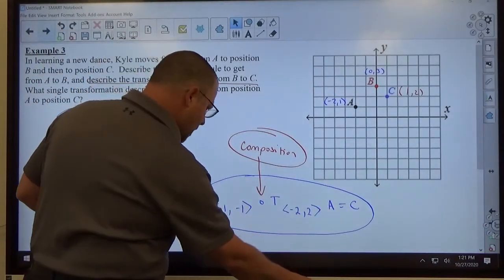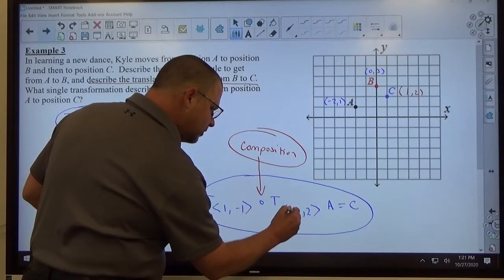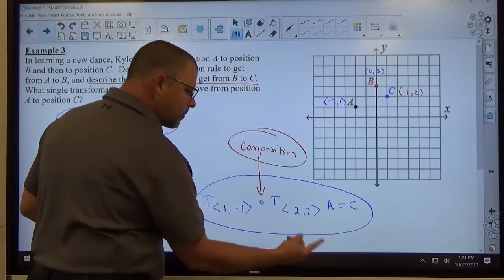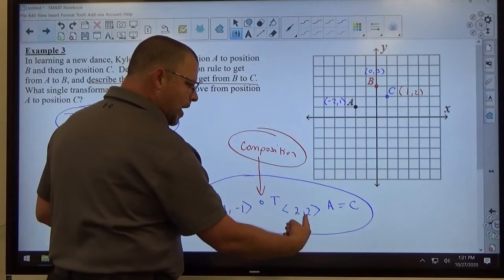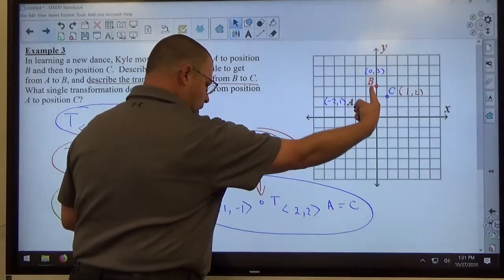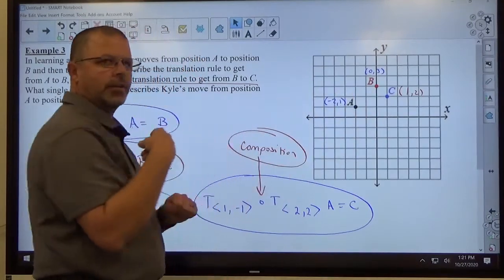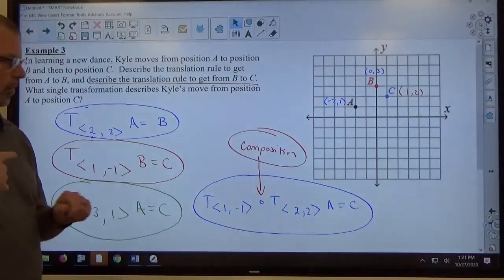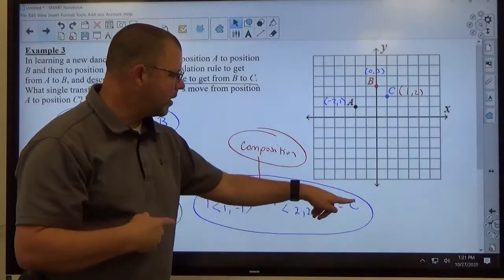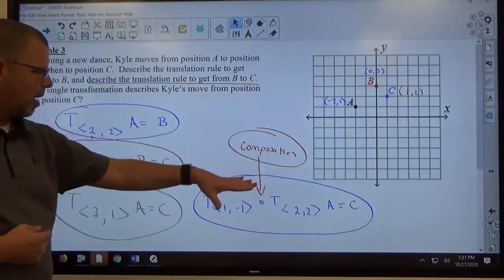No, sorry, this should be a positive 2. They're telling me to move A 2 right and 2 up, and then move from there 1 right and 1 down to get to C. So this takes me all the way from A to C with one rule with the composition symbol.